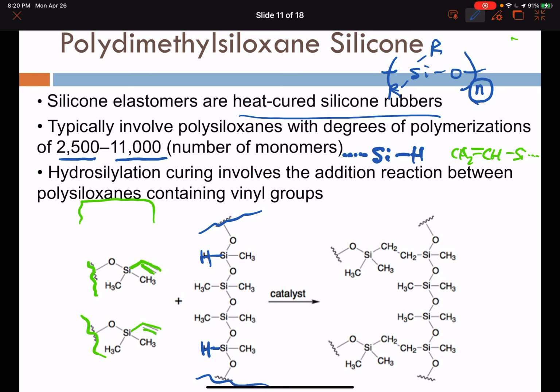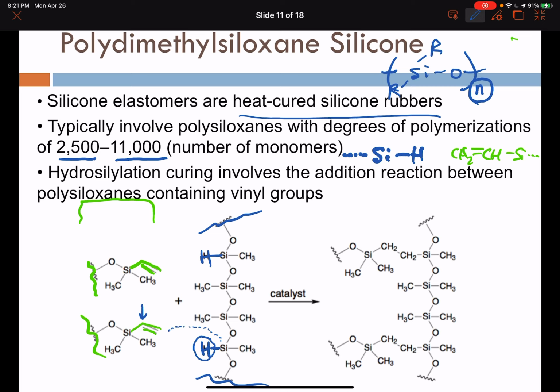This reaction works with a catalyst, typically a transition metal, and adds the SiH functionality across the carbon-carbon double bond. So we can expect to find this hydrogen appended to the further carbon site typically, and a new bond forming between the silicon and that nearest carbon.